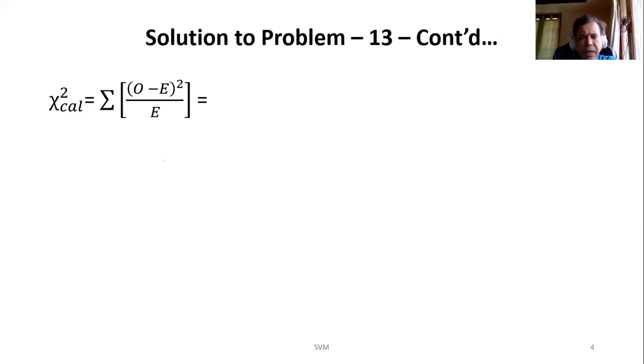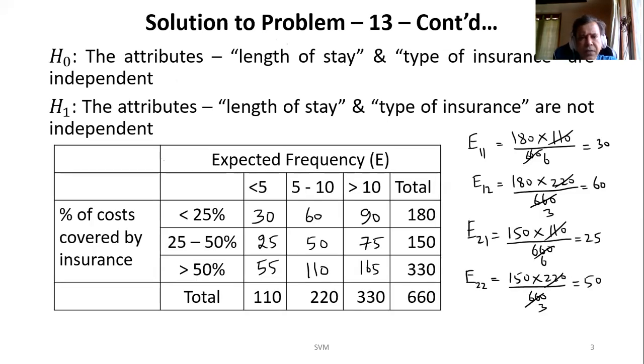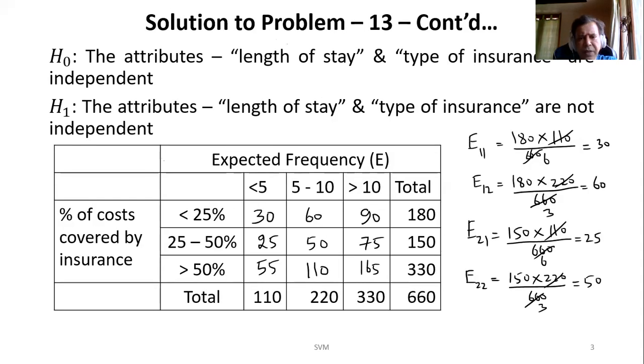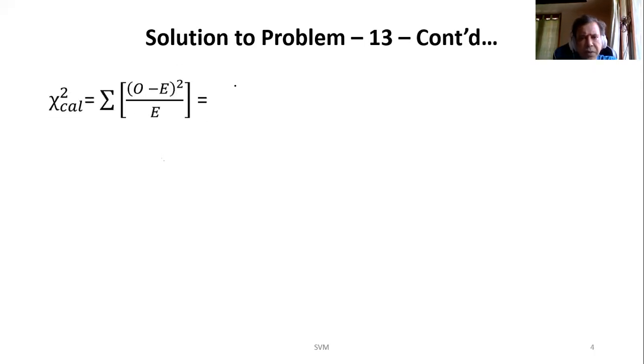So here we have the first observed frequency. First observed frequency is 40 and the corresponding expected frequency is 30. So it becomes 40 minus 30 the square divided by 30.